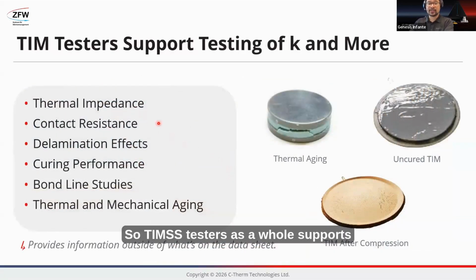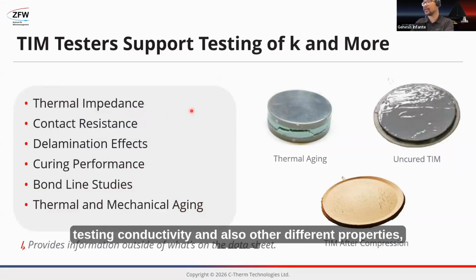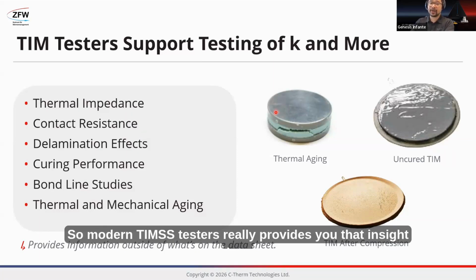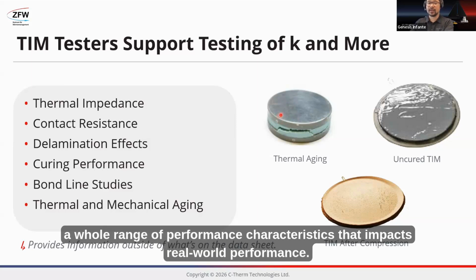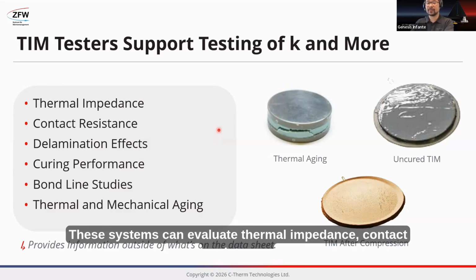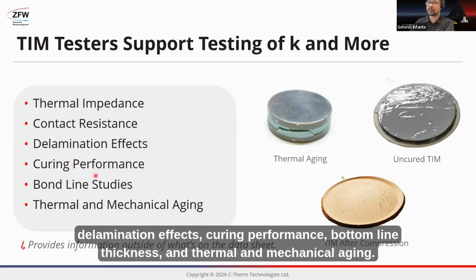TIM testers as a whole support testing conductivity and also other different properties. Modern TIM testers provide insight into a whole range of performance characteristics that impact real-world performance. These systems can evaluate thermal impedance, contact resistance, delamination effects, curing performance, bond line thickness, and thermal and mechanical aging.